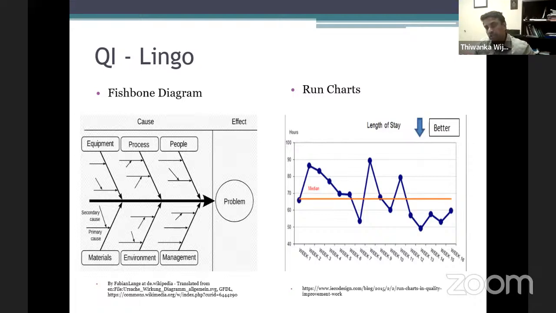As you brainstorm, you would come up with this type of fishbone diagram. That's just one concept. The other one is that over time, you should be able to document your outcomes and how that changes, and that's called a run chart. So I'm just introducing the two terms, a fishbone and a run chart. When you're doing quality improvement, you'll often come across this.